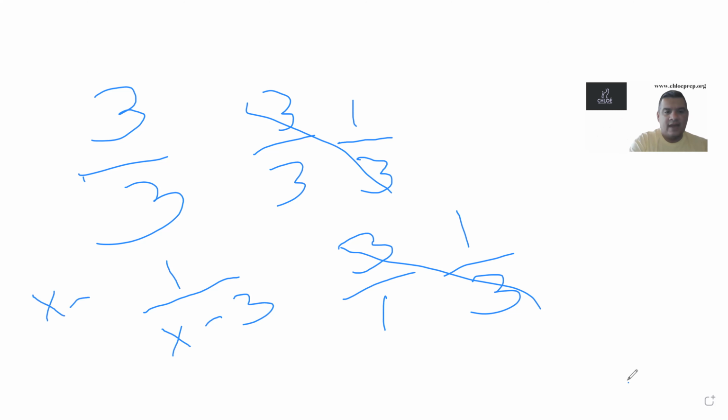I could do x minus 3 over x minus 3, because anything over itself is 1. This comes in handy when these expressions get bigger, because depending on what's in the numerator, it might be simpler to multiply that x minus 3 on top, or even to multiply that x minus 3 on the bottom.